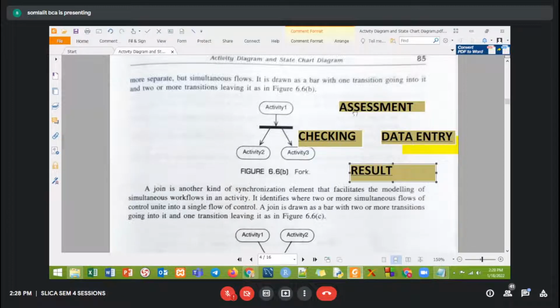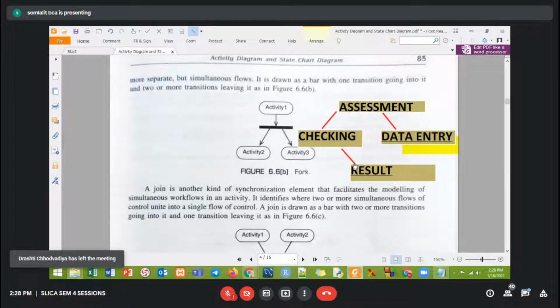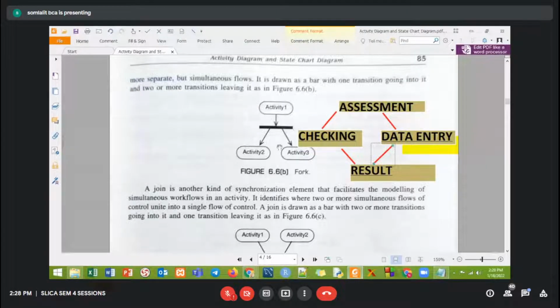This is the splitting of activities: an activity gets split into one sub activity and another sub activity. Once these two are done, the activities can get merged. This is known as a join operation. It is not necessary that an activity is split into only two. Activity 1 can be split into activities 2, 3, 4, 5, 6, 7, it is possible.